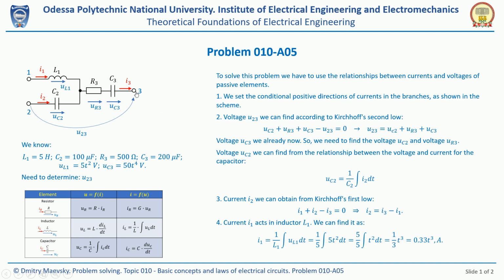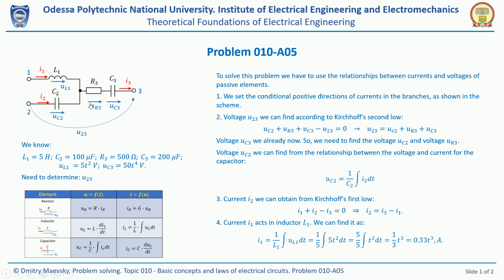And now we are at point number 3, and we should go from this point to point number 2, and we are going contrary to the direction of U32. So this voltage U32 we need to write with the minus sign.